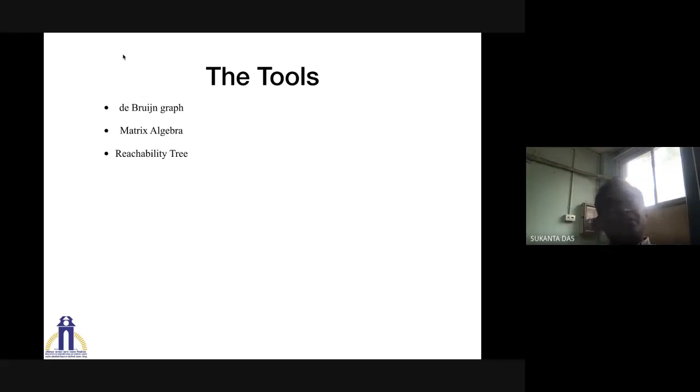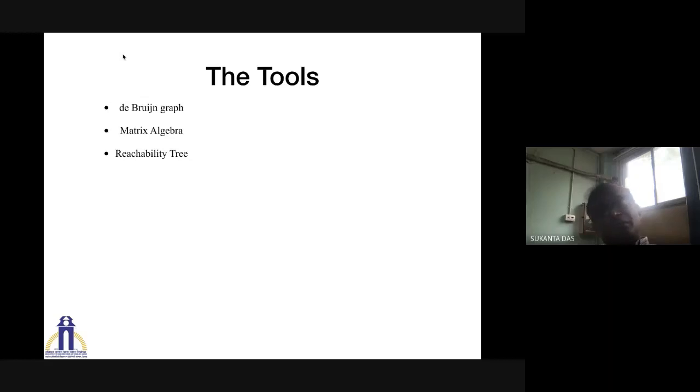We have studied the de Bruijn graph. We have seen its structure, and we studied it while discussing the reversibility of one-dimensional cellular automata. It is obvious that reversibility is one important property, and that can be studied using a graph, a mathematical structure. So the de Bruijn graph qualifies as a characterization tool of one-dimensional cellular automata.